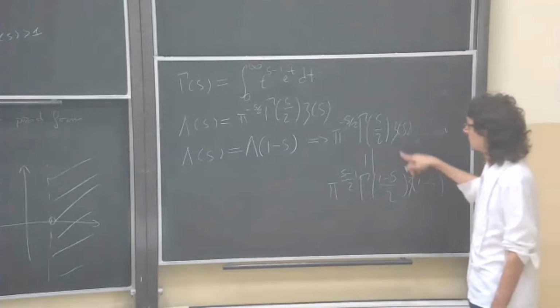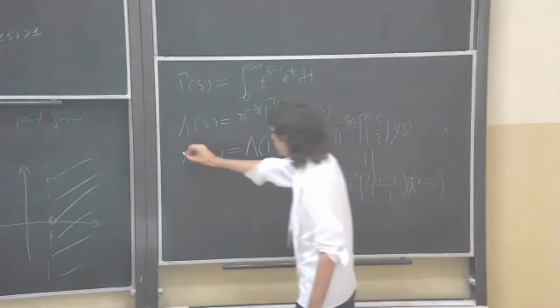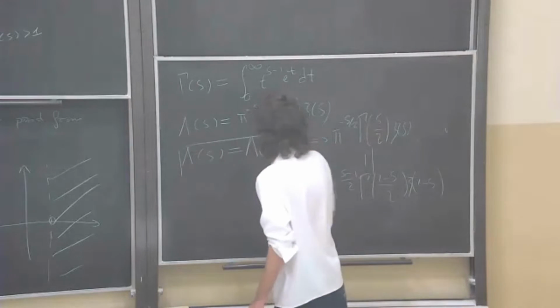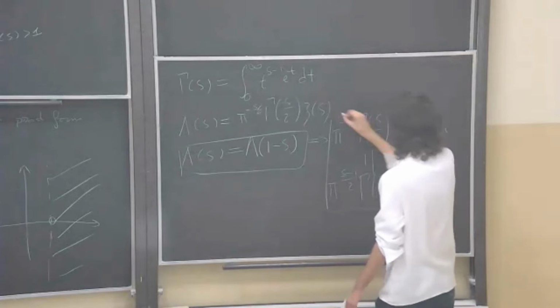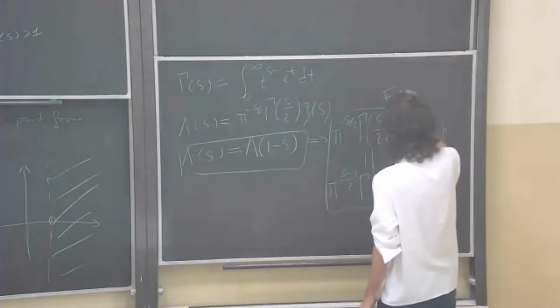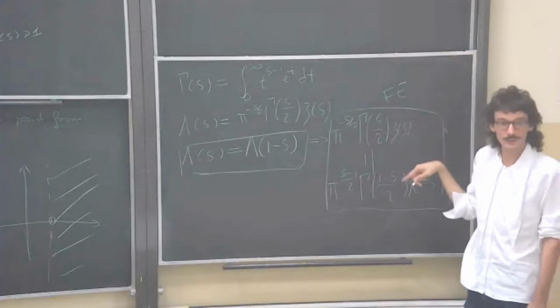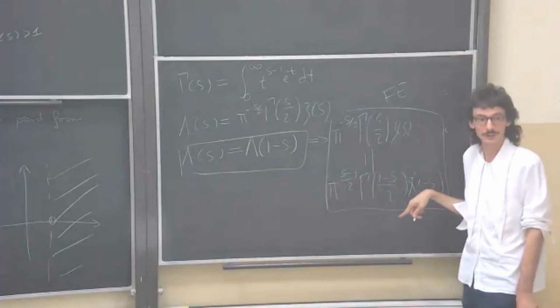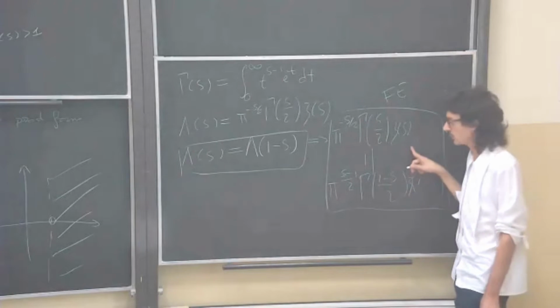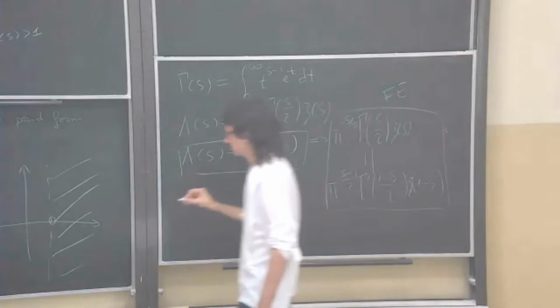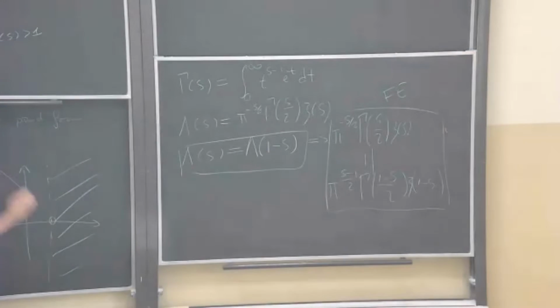And so this method of proof proves a functional equation, which can be regarded in either of these forms. But since this functional equation involves stuff that is analytic, it actually provides a way to extend zeta over here.